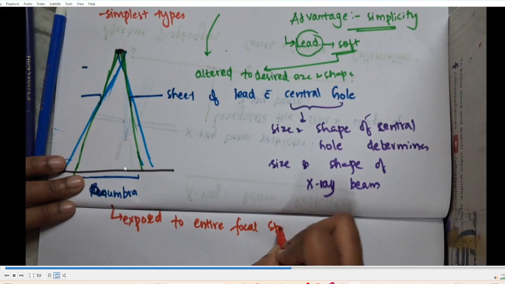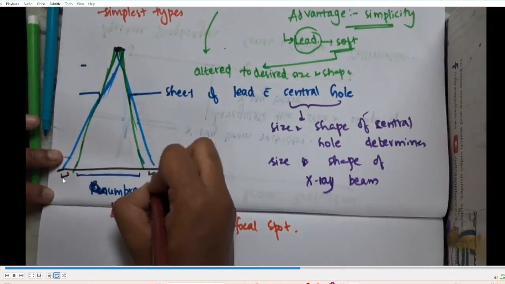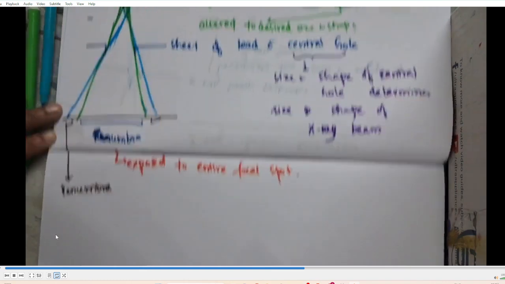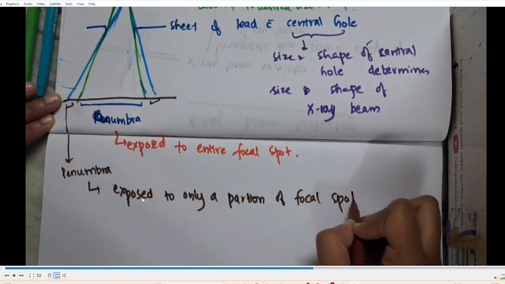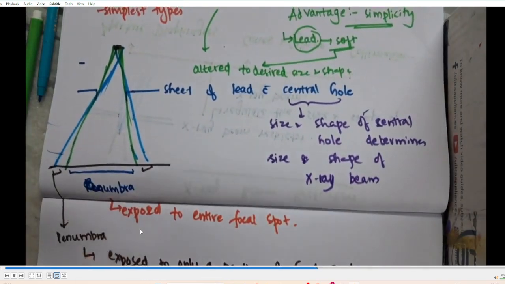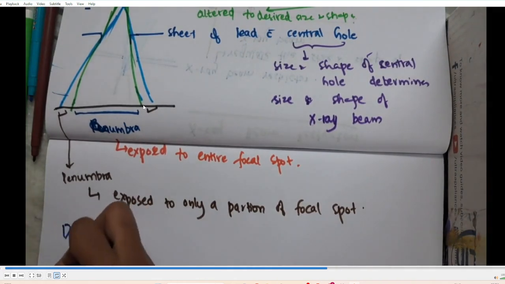The center of the X-ray field is exposed by the entire focal spot, and this central part is called the umbra. The peripheral portion is called the penumbra, which is a partially exposed area, exposed only by a portion of the focal spot.